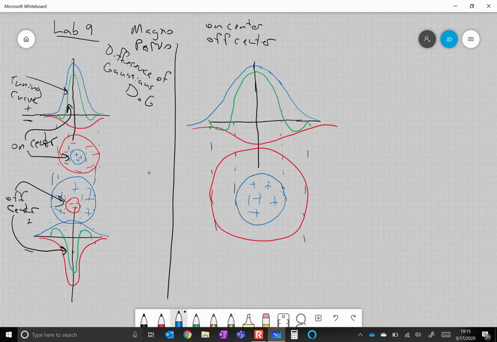The center region is above the x-axis, so that makes it excitatory in the center. But we notice that this receptive field is larger than this receptive field, which is smaller.